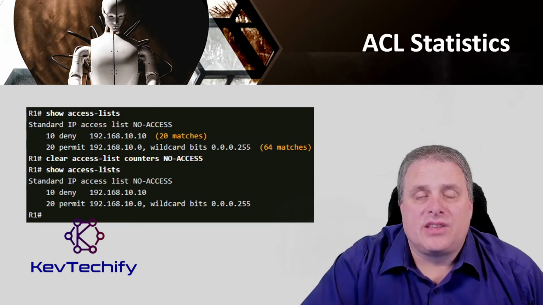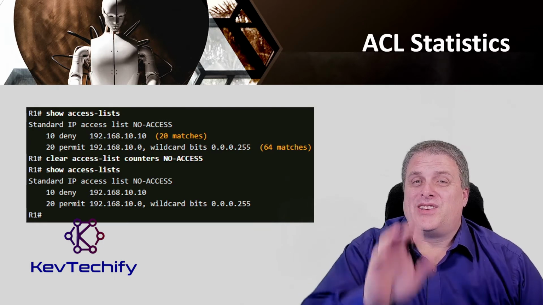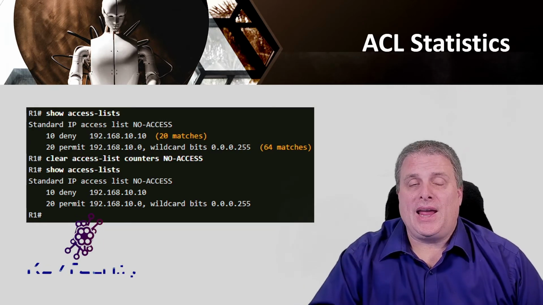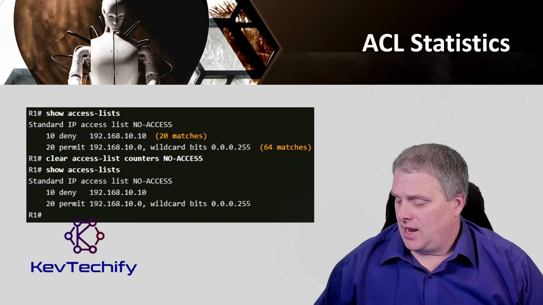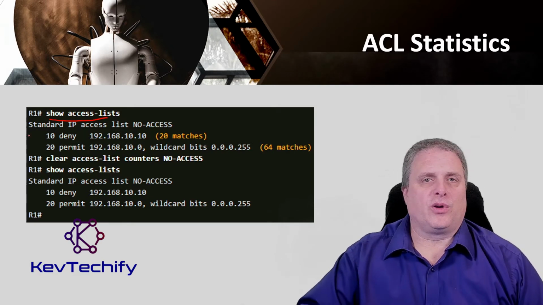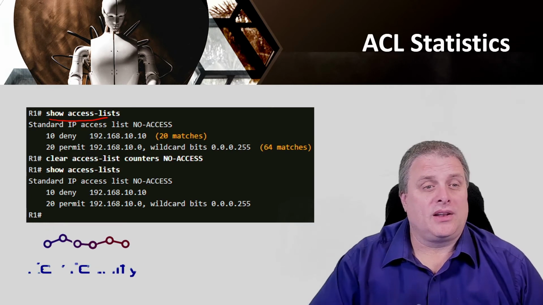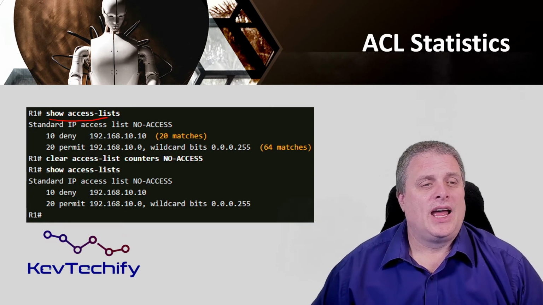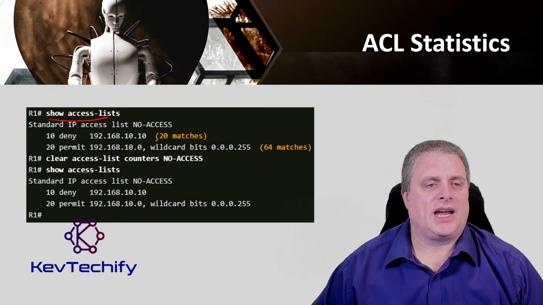We can get different statistics about our access control list, particularly what matched our wildcard mask and our network address. If we do show access lists here, and it's been running for a while, and it was able to actually filter out based upon the different access control entries, at the end of each line, it will give us how many times it was matched.